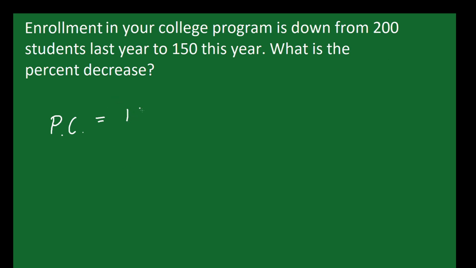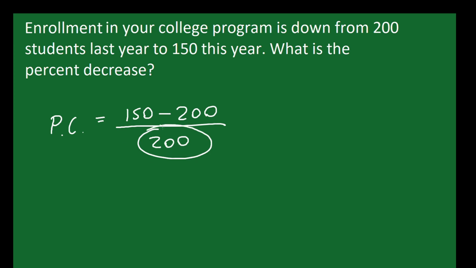So the new value is 150 minus the original, which is 200, divided by the original. The really important thing in this equation is that in your denominator, you're using the original value, or the previous value, the 200. 200 students enrolled last year, so that's our original. And then, of course, you multiply by 100 to turn it into a percent.